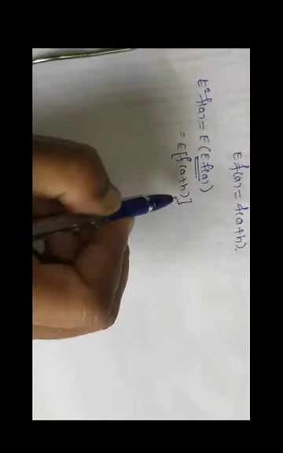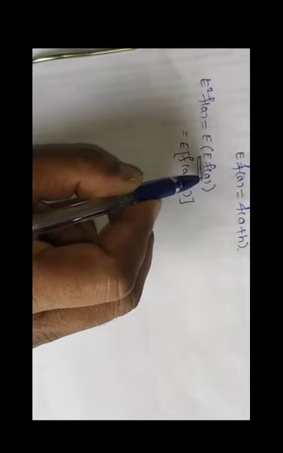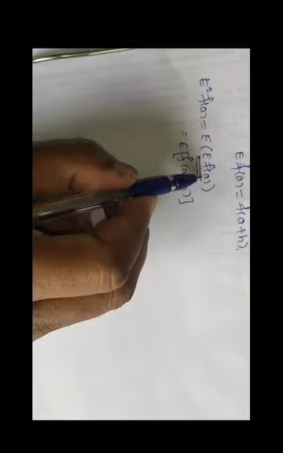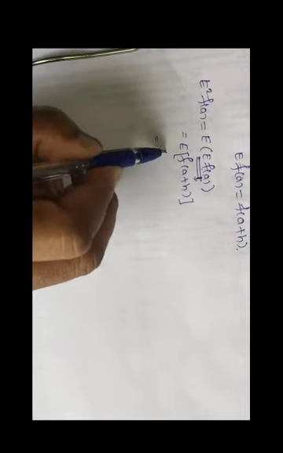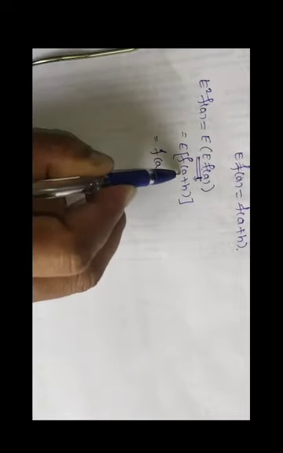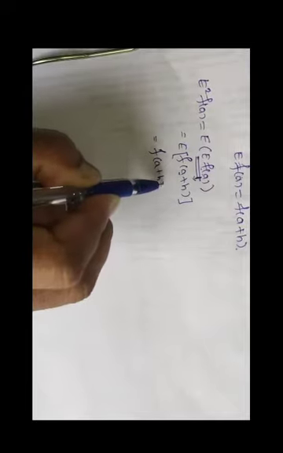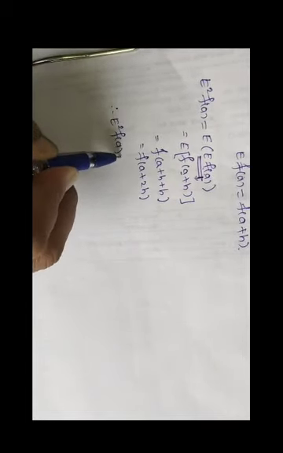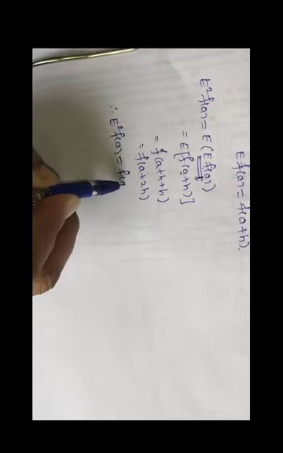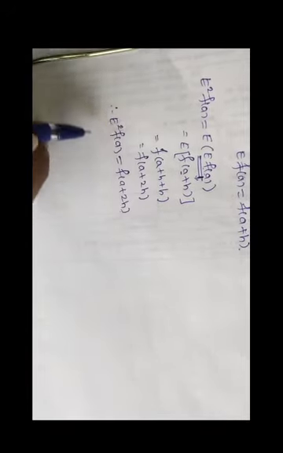Now operating E again, we only increase the a by h, and then plus h we get f of a plus 2h. Therefore E square f of a can be written as f of a plus 2h.